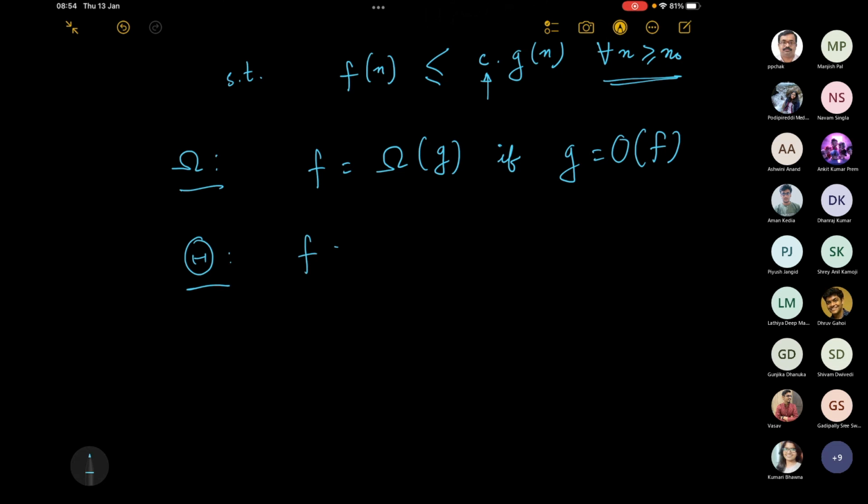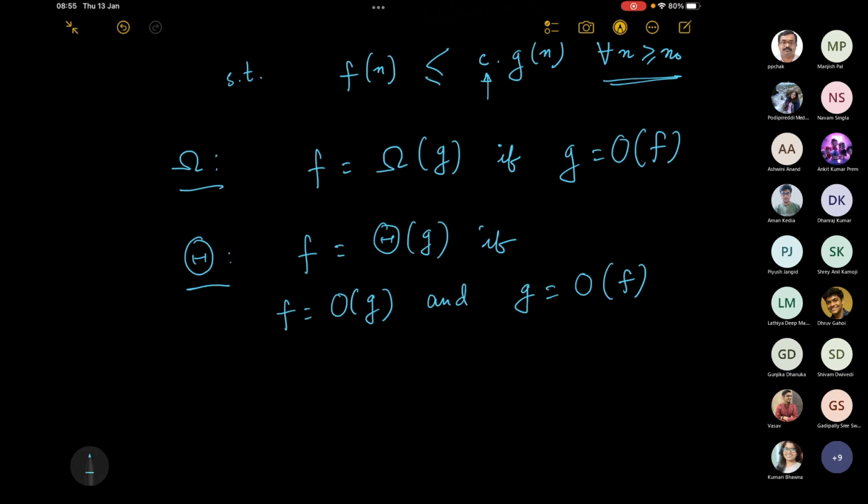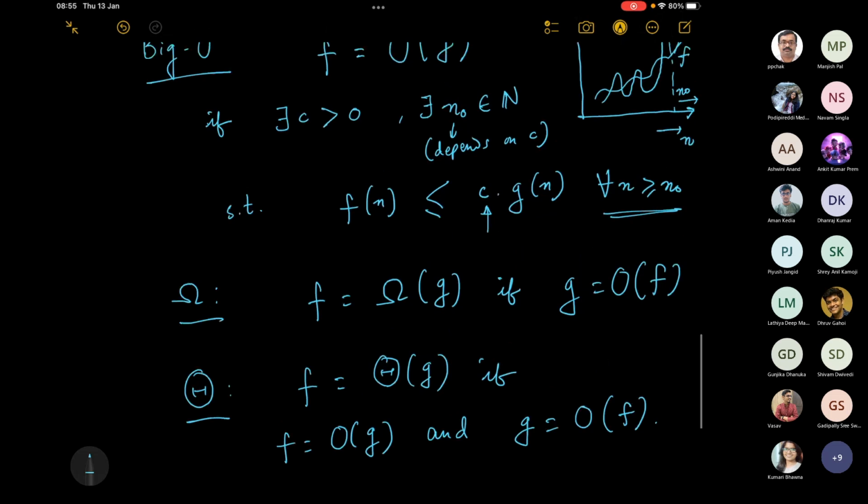We say f is big theta of g if both f is big O of g and g is big O of f. If both hold, then we say f is theta of g.